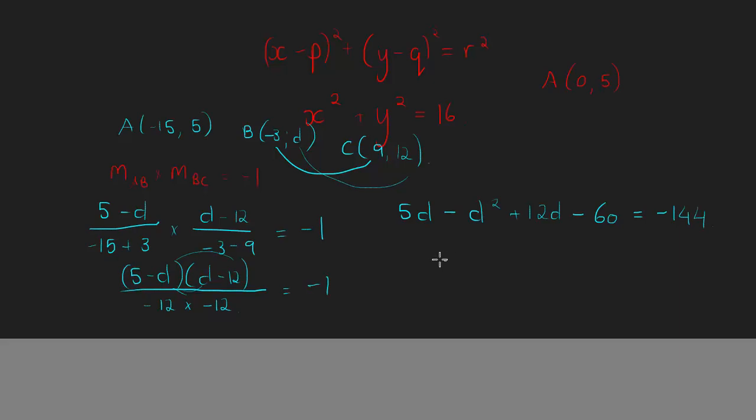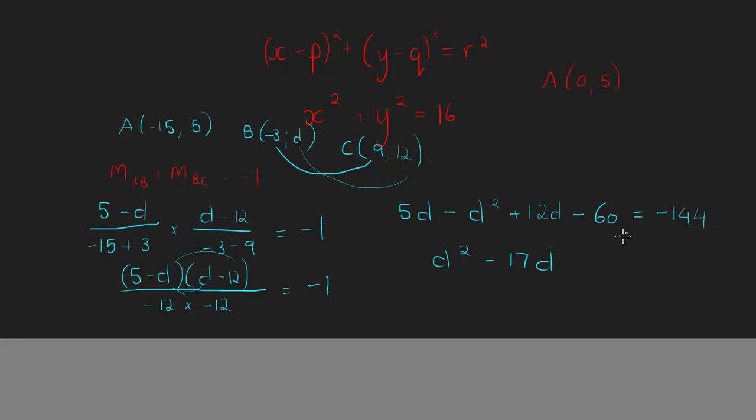And so in total that gives me d squared, 5 and 12 is 17, so minus 17d, because I'm dividing with a negative. And then negative 144 when I divide everything with a negative.